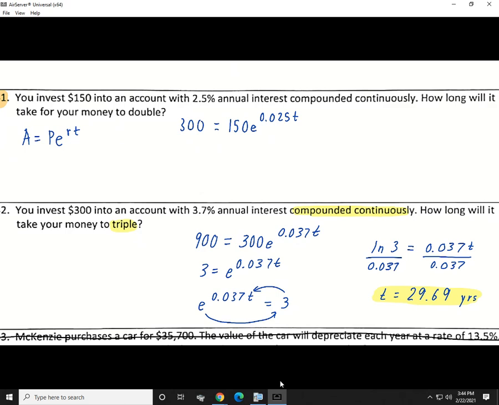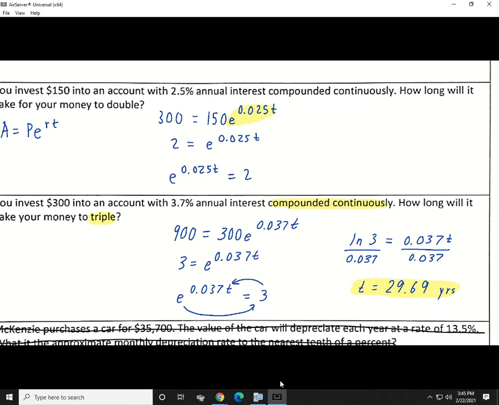So like we did yesterday, remember, we've got to isolate that e to the 0.025t. So we're going to first divide by 150. 300 divided by 150 is 2. And then I'm going to rearrange this. I'm going to put the e to the 0.025t on the left, and that equals 2, just so we can follow that loop.